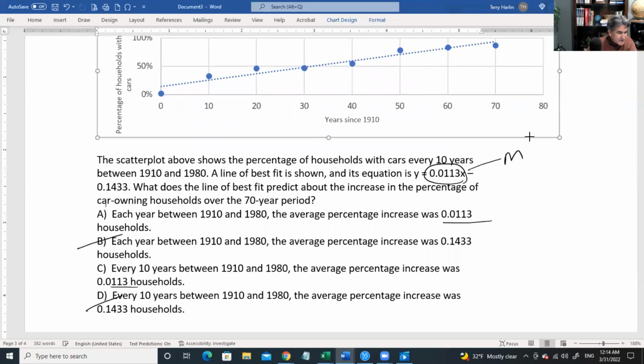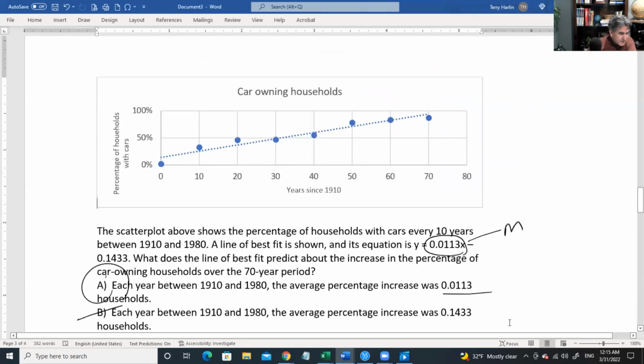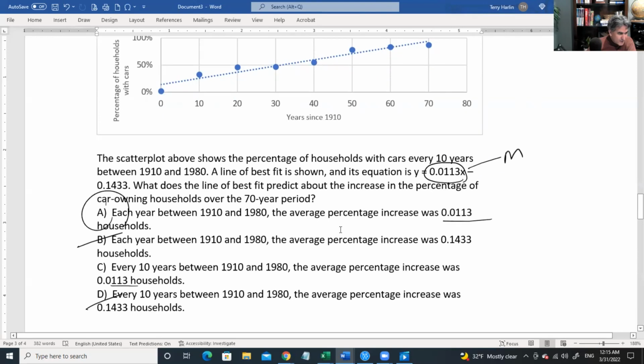That's not going to change the fact that the equation is a yearly increase, every year. So my answer is going to be A. When we're looking at a rate of increase, it's going to be on a yearly basis, unless it says otherwise, if we're talking about years here.